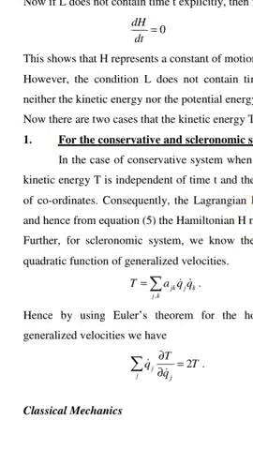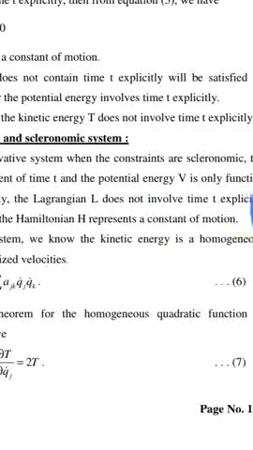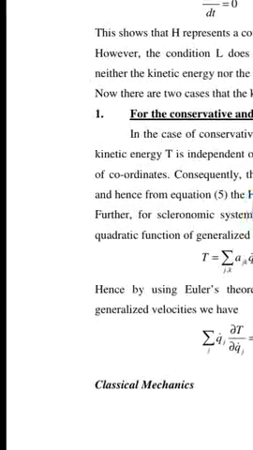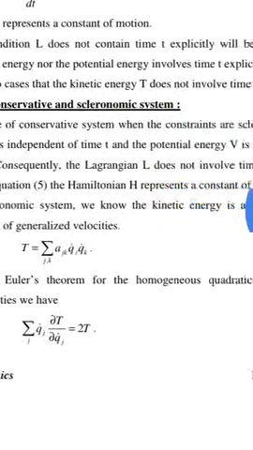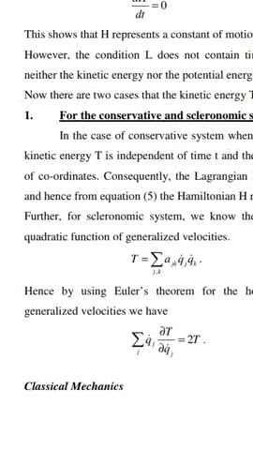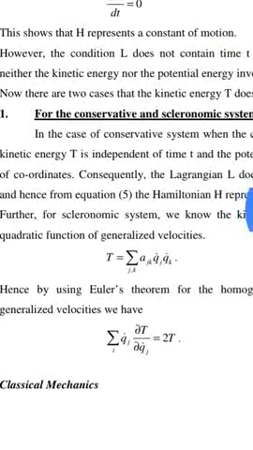However, the condition that L does not contain time t explicitly will be satisfied if neither the kinetic energy nor the potential energy involves time t explicitly. Now, there are two cases.